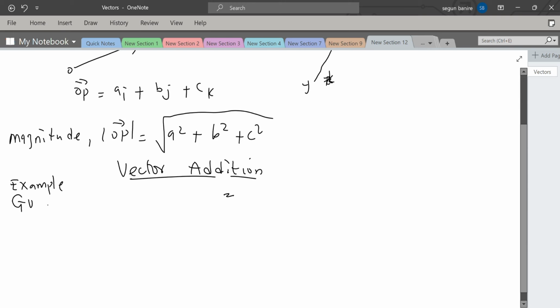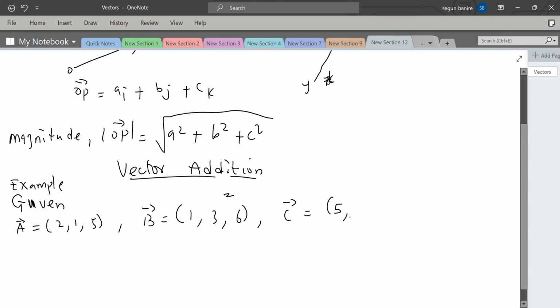Given a equal to 2 1 5, b is equal to 1 3 6, and c is equal to 5 0 1.